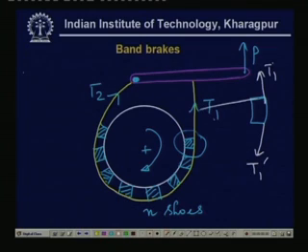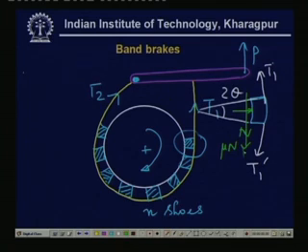Now, this angle is, let us say, twice theta. This is normally less than, of course, 60 degrees, so we can take this load to be concentrated. Here is the normal reaction, and of course, T1 is greater than T1 prime, because this drum is rotating in the clockwise direction. Therefore, the friction force will be in the anti-clockwise direction, and on this particular element the friction force will be mu times n along these directions.